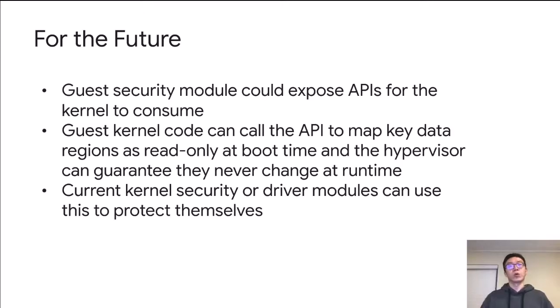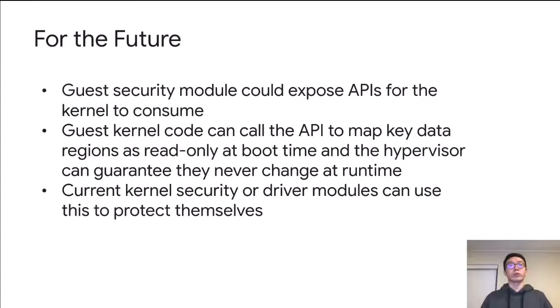We will send this memory segment to the hypervisor at the end of boot, and then we make sure that memory will never change during the entire lifetime of the VM. So all the kernel security and driver modules can take advantage of this to protect themselves.